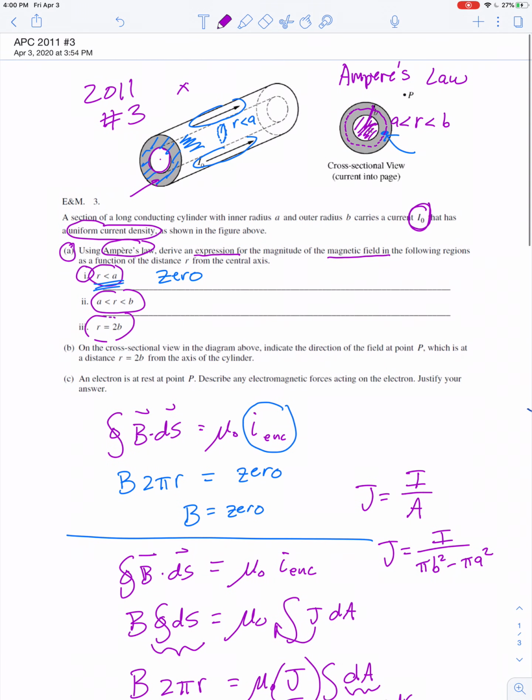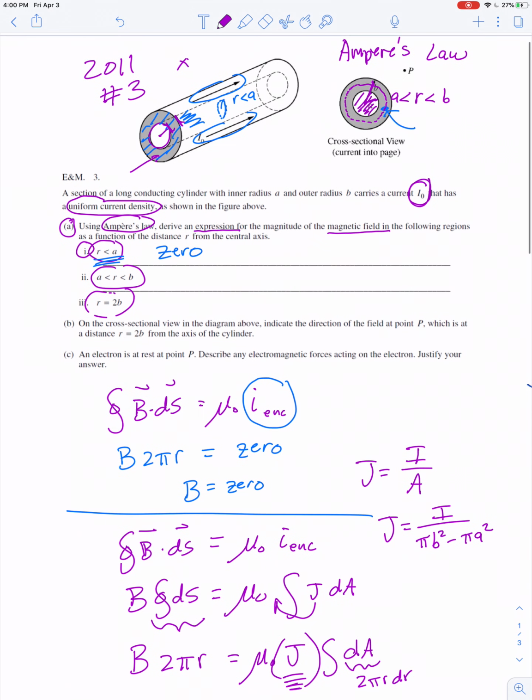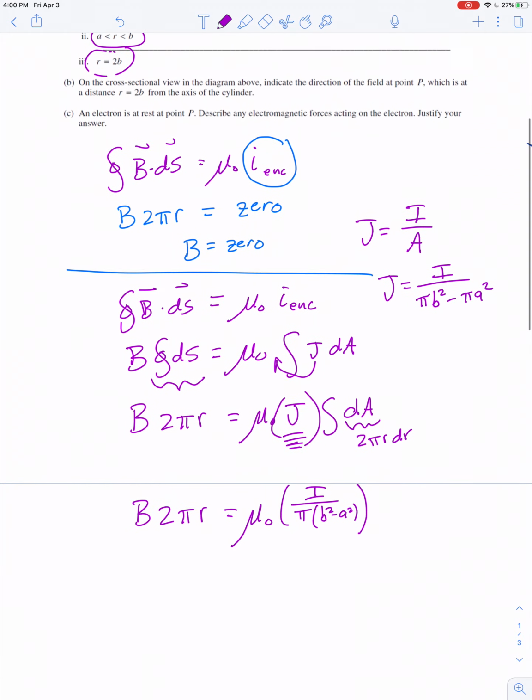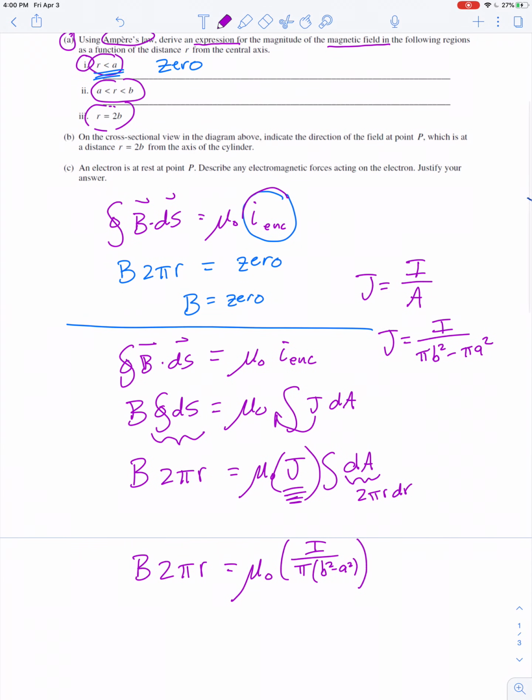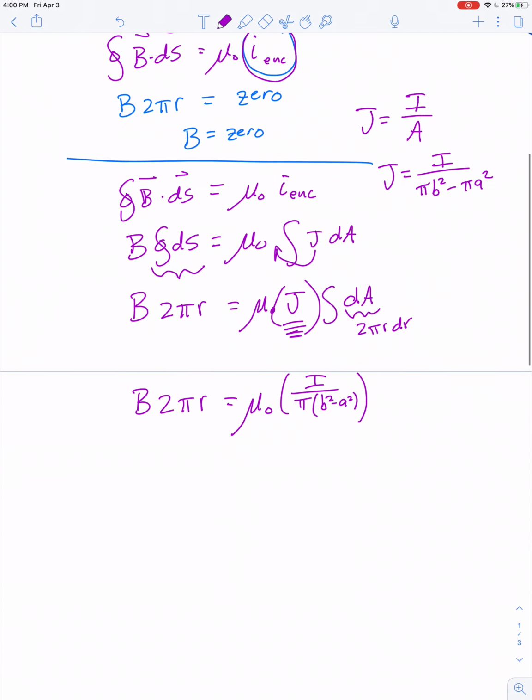Well, there is no current density from 0 up to a. There's only current density from a up to b, but my Amperian loop only extends out to r. So to account for the amount of current that's enclosed, I need to account for current starting from r equals a and only going up to r equals r.